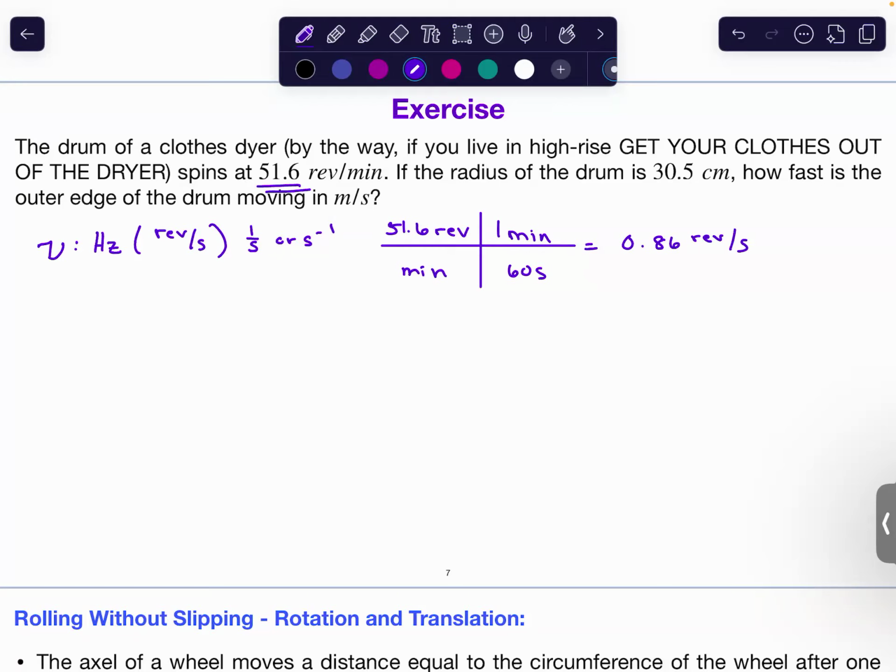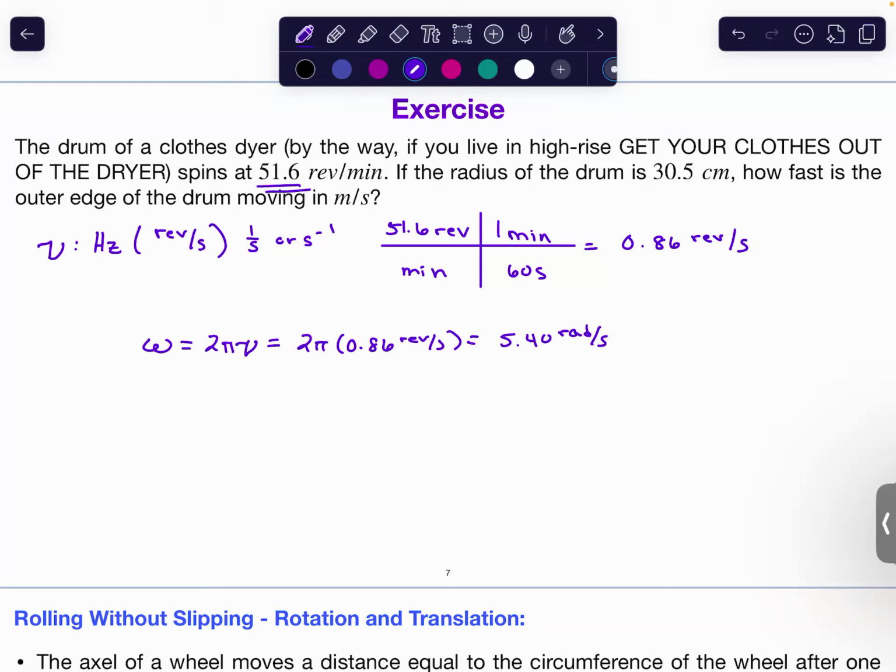So now we have a frequency of 0.86 revolutions per second. Now, you can calculate an angular velocity. This will change the units, so it'll be 5.4 radians per second.